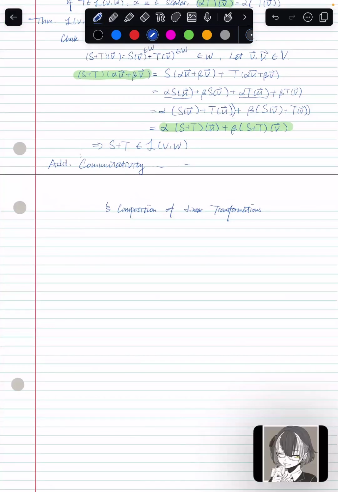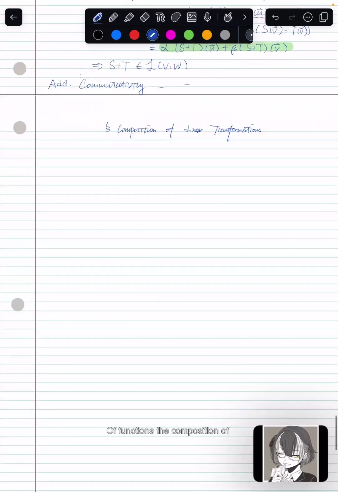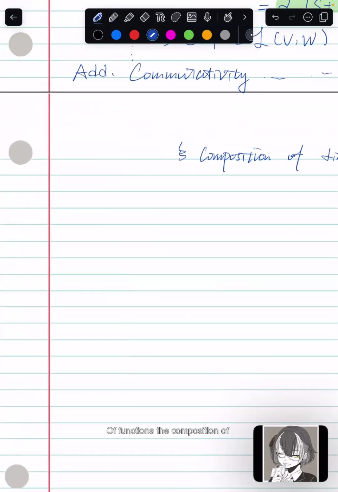So very similar to the composition of functions, the composition of linear transformations is also written... okay, before that, let's define two transformations, T1, T2.